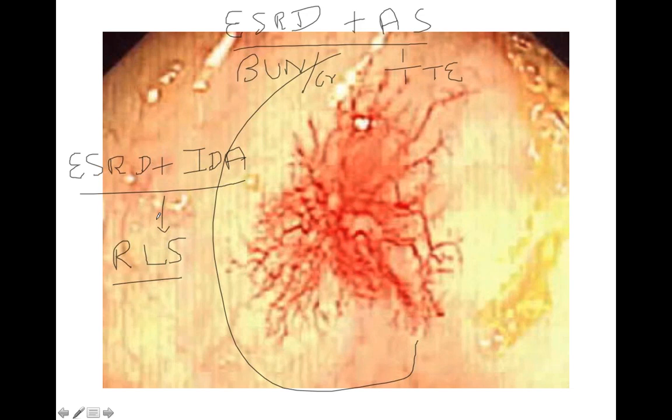Angiodysplasia is basically abnormal blood vessels. In case of diverticulosis also, when there is bleeding occurring, we go for colonoscopy, and we go for either argon plasma coagulation, APC, or cryotherapy.